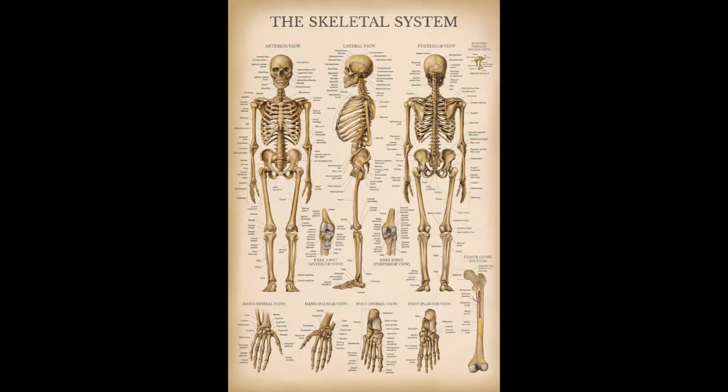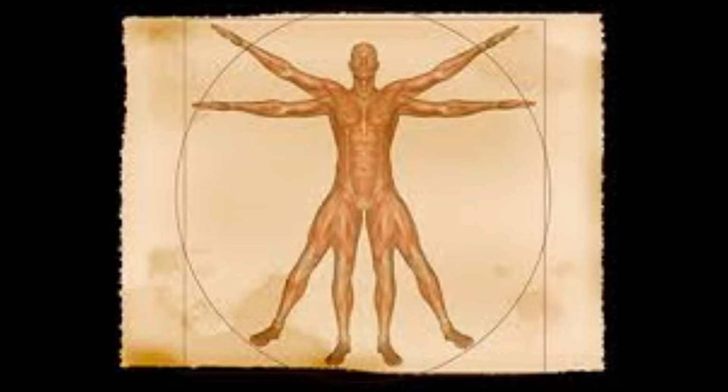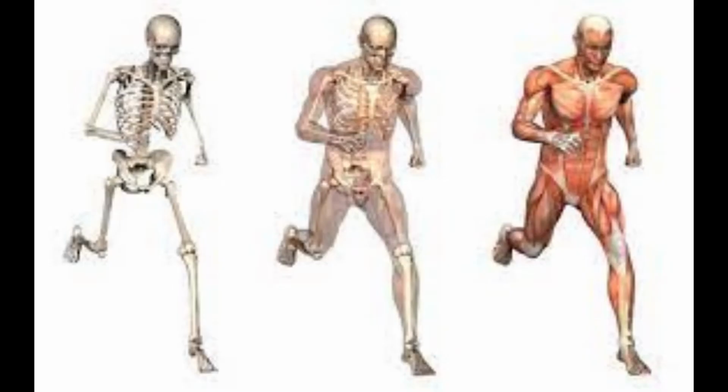So, two quick terms that I want to go over are kinesiology and biomechanics, which are often used interchangeably even though they're technically different. Kinesiology is the study of movement that blends anatomy, physiology, physics, and geometry and relates them to human movement.